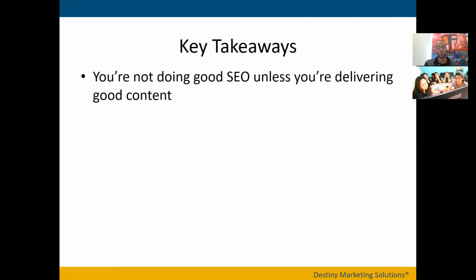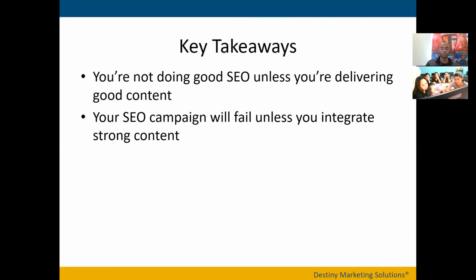But if you're sticking to white hat, then you have to put good content out there. Your SEO campaign will fail unless you integrate strong content. Carrying on from point number one, it's very difficult to see success with SEO unless you're putting out really good articles, really good videos, really good photographs. You need some material to rank. So that's why content is really important.